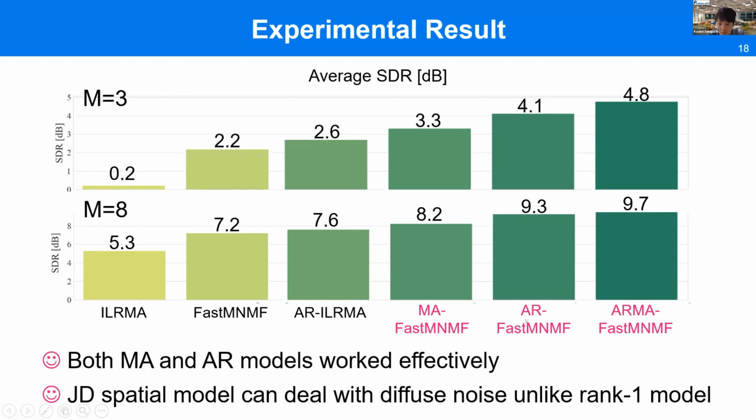And by comparing AR fast MNMF and AR ILRMA, AR fast MNMF outperformed AR ILRMA. This is because the jointly diagonalizable spatial model used in fast MNMF can deal with diffuse noise, unlike the rank one spatial model used in AR ILRMA.